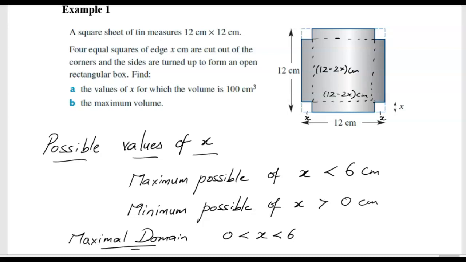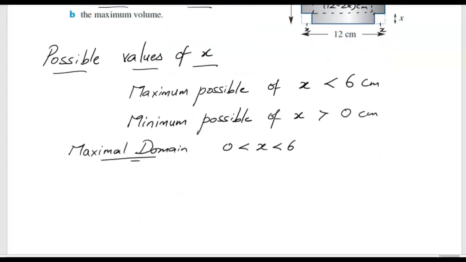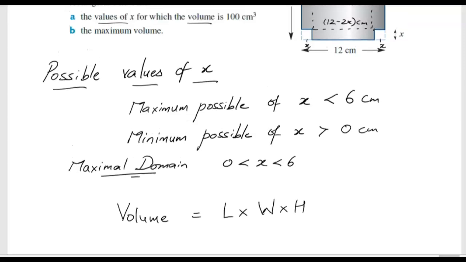Now the question is asking us to focus on the volume of the box, so the first thing I'm going to establish is an equation for the volume. Volume of a rectangular box is equal to length times width times height.